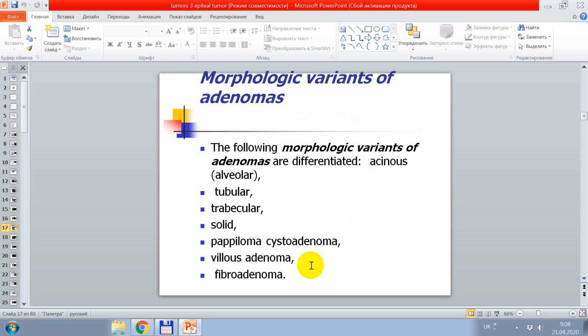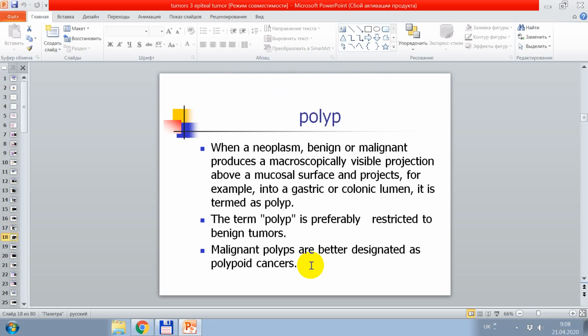The following morphological variants of adenoma are differentiated: acinous or alveolar, tubular, trabecular, solid, papillary cystadenoma, villous adenoma, fibroadenoma.